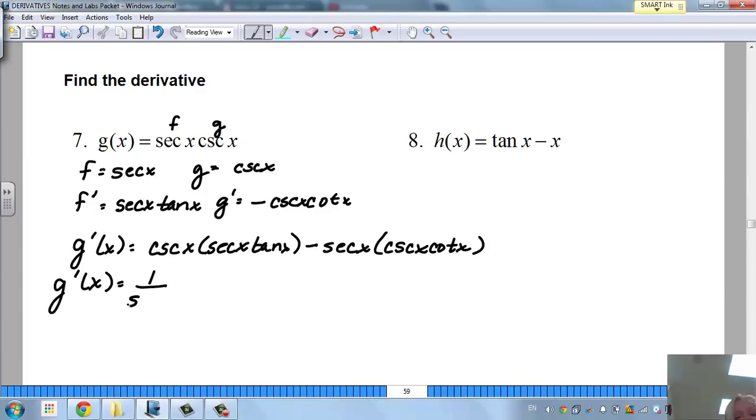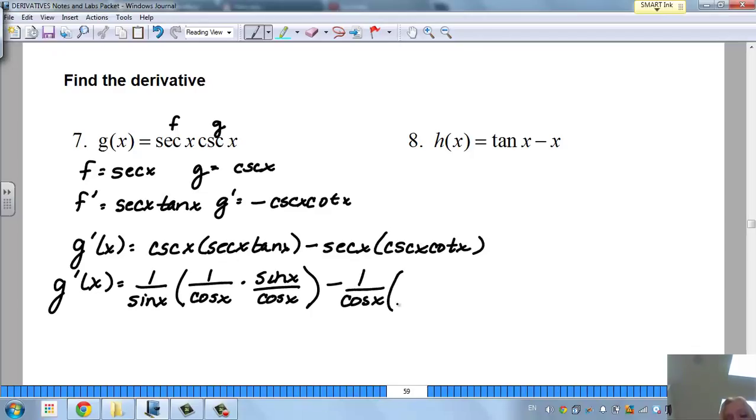So cosecant is 1 over sine of x, and we're multiplying it by secant, which is 1 over cosine of x, times sine of x over cosine of x, minus secant, which is 1 over cosine of x, and cosecant is 1 over sine of x. Cotan is cosine of x over sine of x.